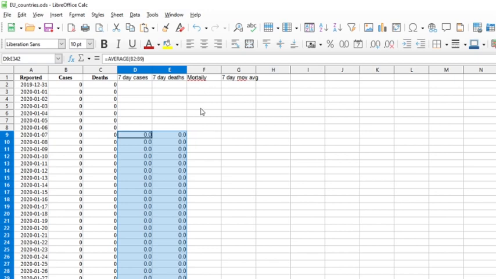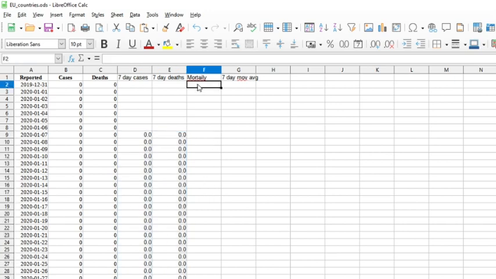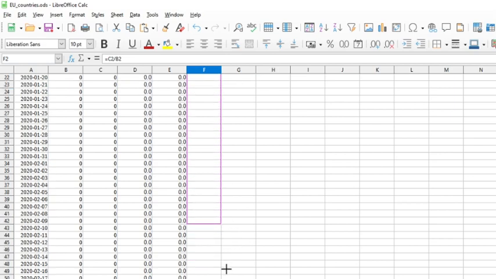Now mortality rate. Now we'll calculate the mortality rate.